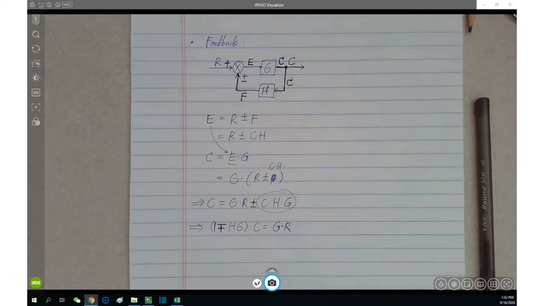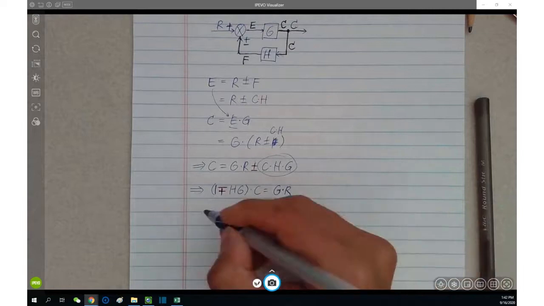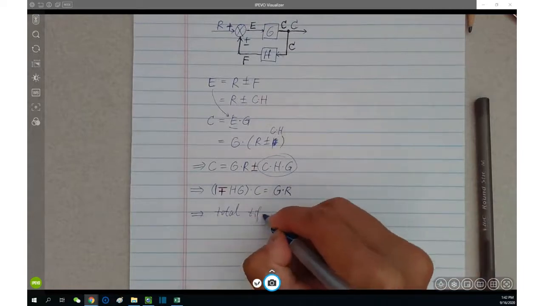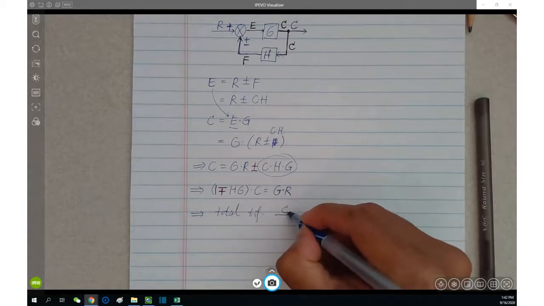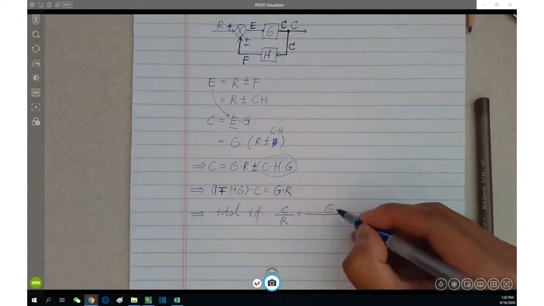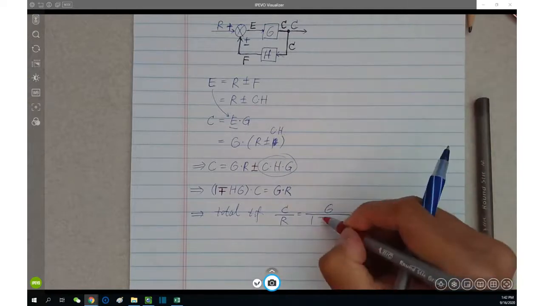And then you combine the term C, that's why you get C times parentheses 1 minus plus GH. Does it make sense? Now, of course, the total transfer function, C over R, just equals G divided by 1, once again, minus plus GH.